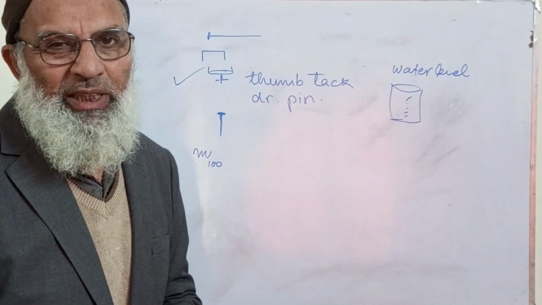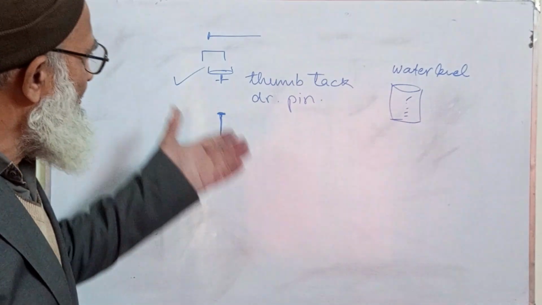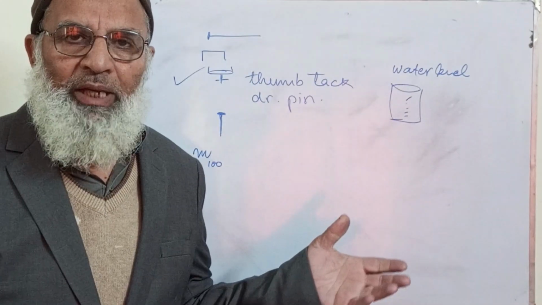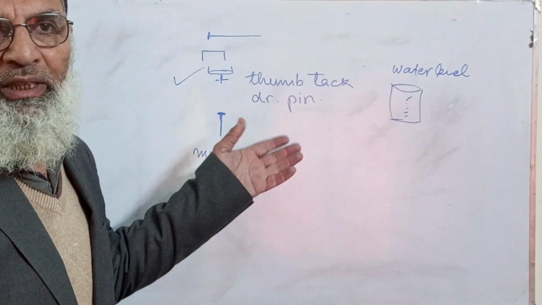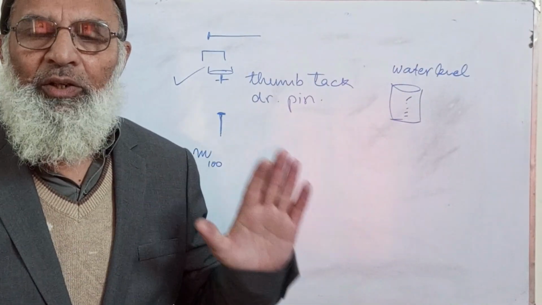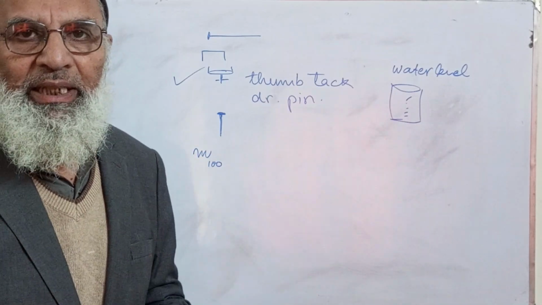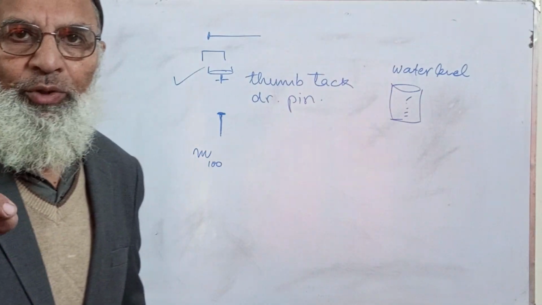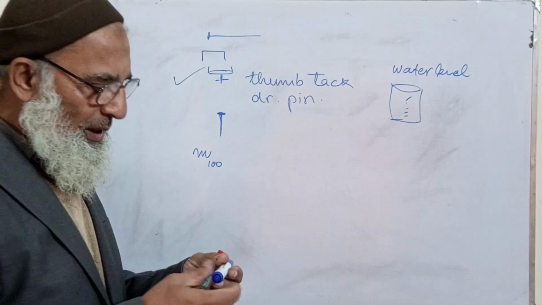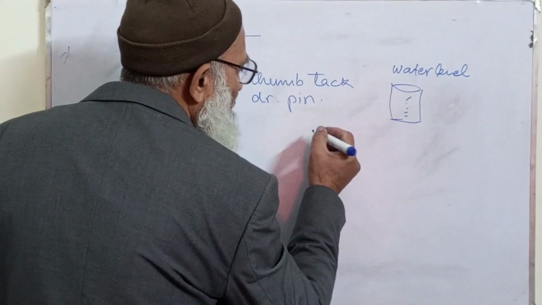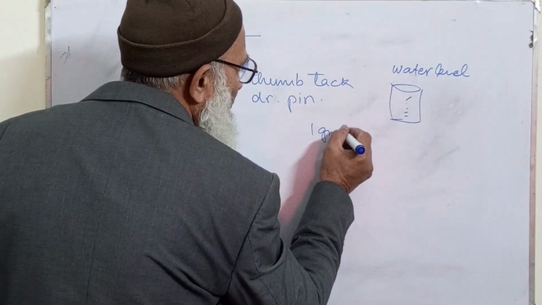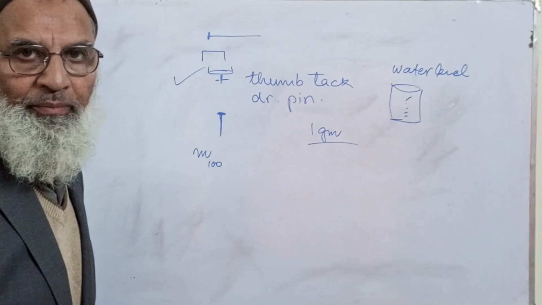We don't have a jeweler's scale. Maybe in the kitchen we do have some scale, but these are not very precise. This can only go down to 1 gram. Or you can say the least count of the kitchen balance is 1 gram.